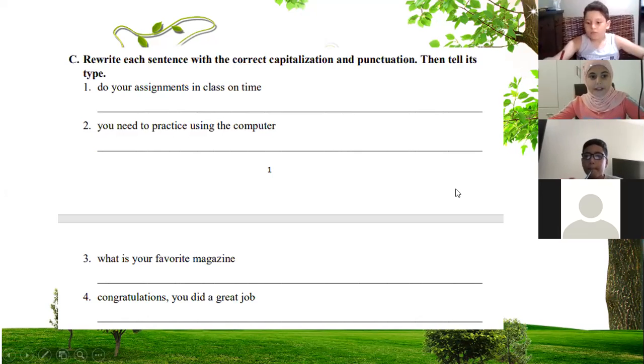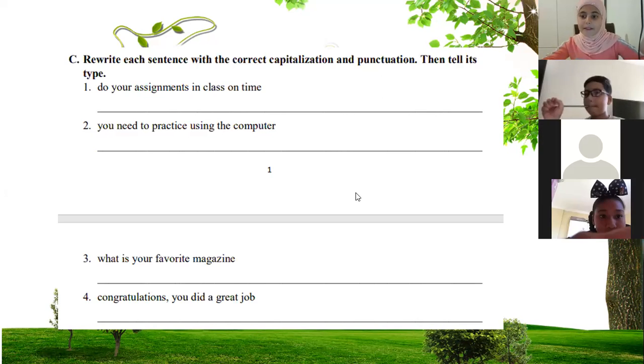Do your assignments in class on time. It's a statement. What does the sentence start with? Do. Do is what? Is a verb, right? It's a command. Yes. And what must it end with?